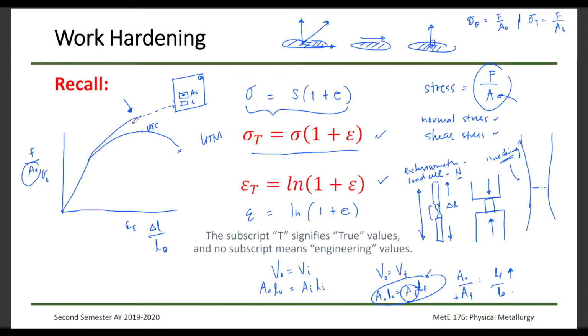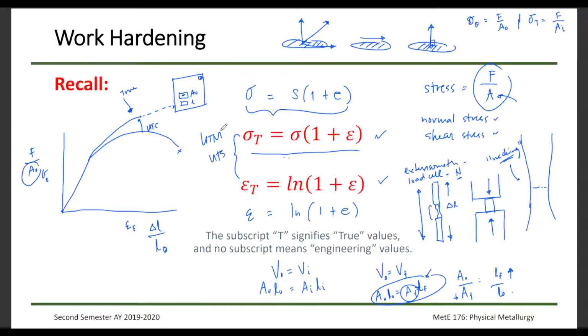Okay, common intuition will tell you na dapat if you want to further deform a material, dapat constantly tumataas yung pressure, yung stress na ina-apply mo. So that's why itong true, mas accurate siya. Okay? So that's our true value UTS, and usually itong relationship na to is only valid up to UTS lang.